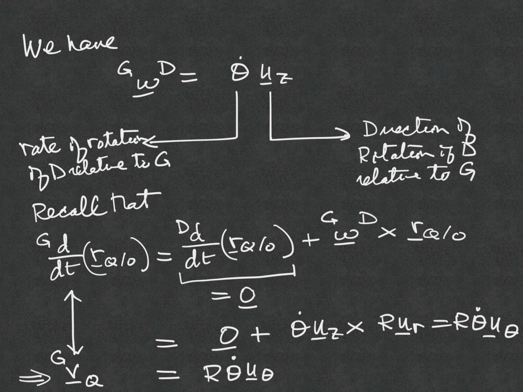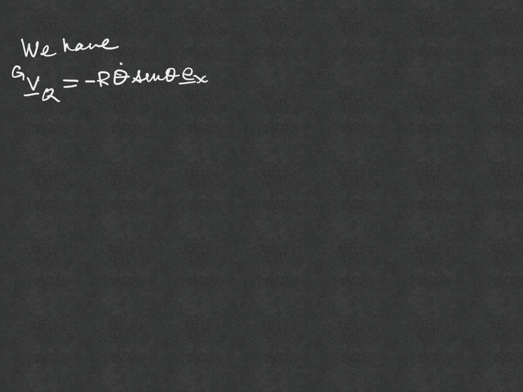Now, let's look at the two expressions that we have. So we have that the velocity of point Q as viewed by an observer fixed to the ground is equal to minus R theta dot sine theta EX plus R theta dot cosine theta EY. And that's when we used the basis that was fixed to the ground.